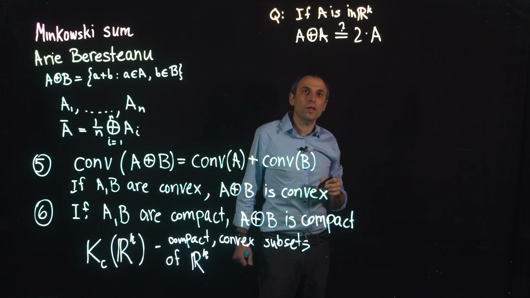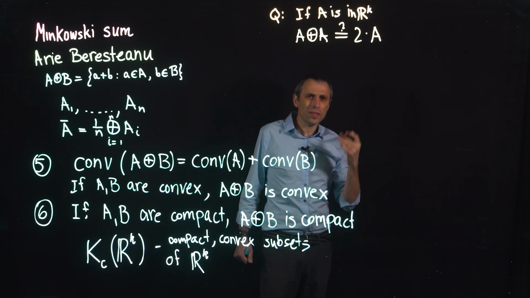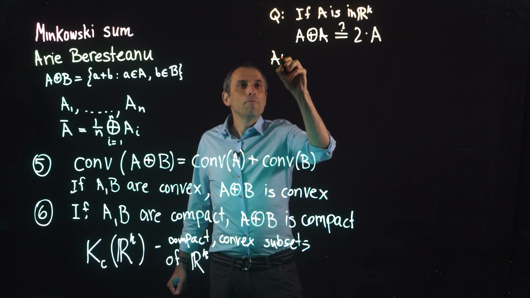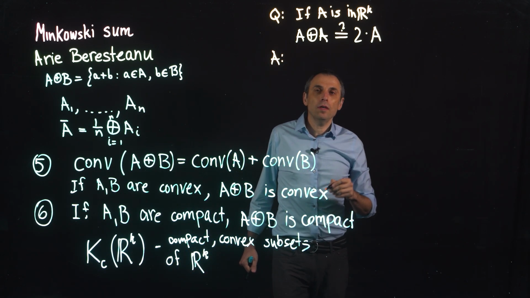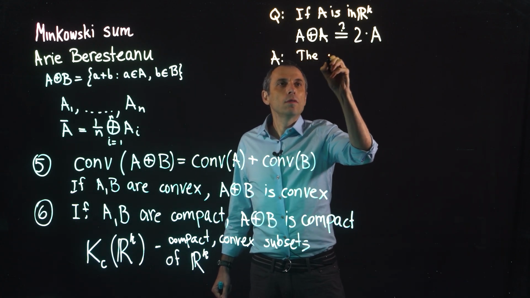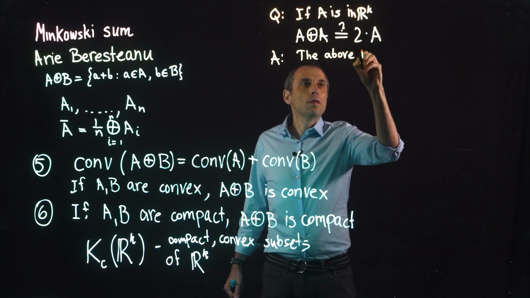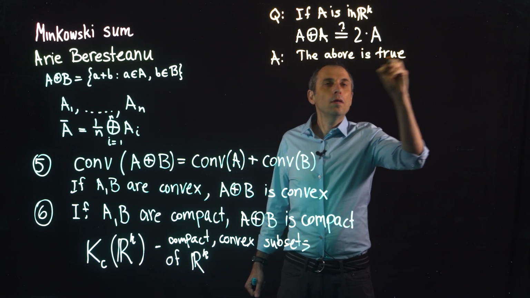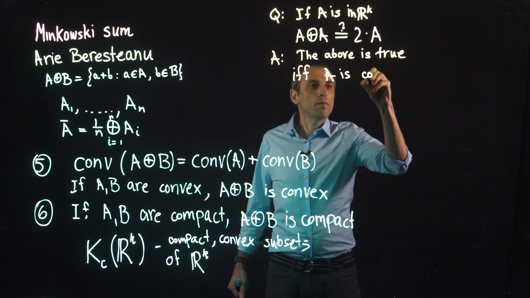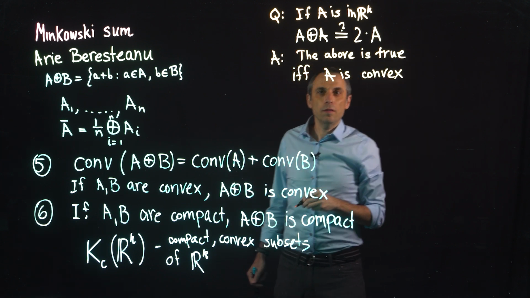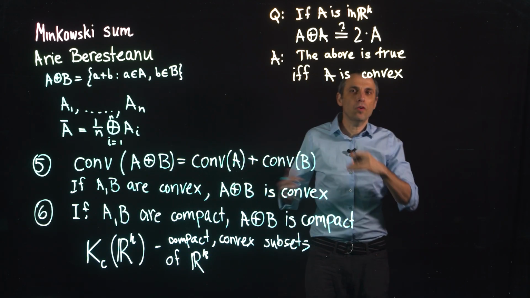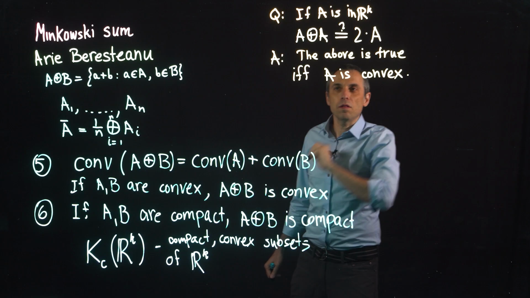We would like something like that to be true. In general, the answer is not necessarily. But more precisely, it is true if and only if A is convex. The "if" direction is just a result from 5, but the other direction is correct as well.